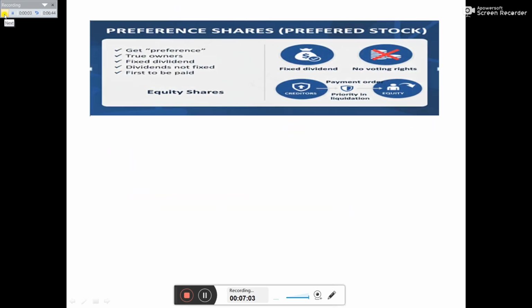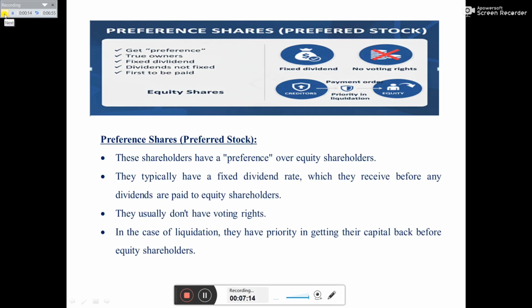Next comes the preference share, the second most important share of a company. The company also issues this. These shareholders have a preference on their capital. They get a fixed rate of dividend on their capital, like 10% preference shareholder or 5% preference shareholder. But they are not true owners of the company, so they don't have voting rights.